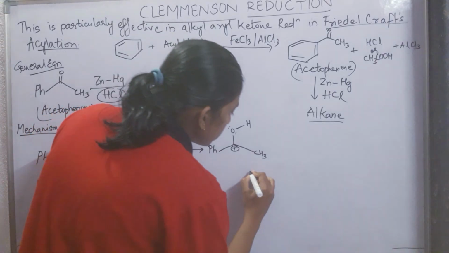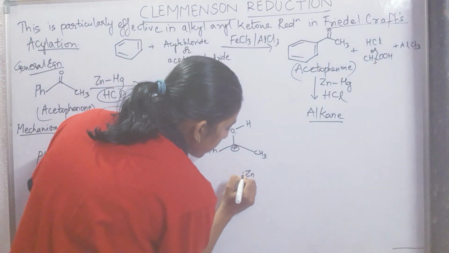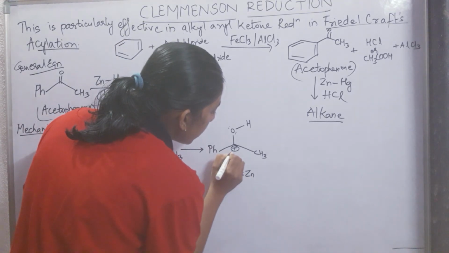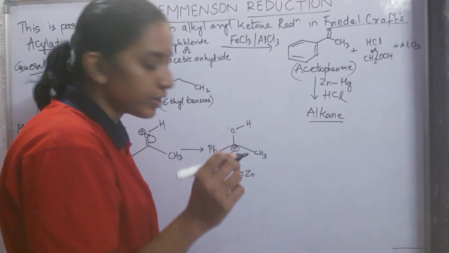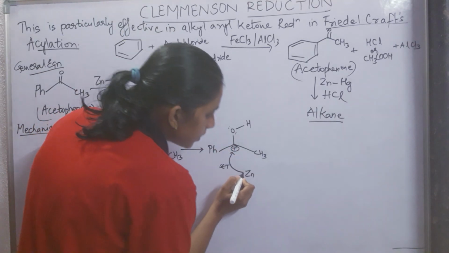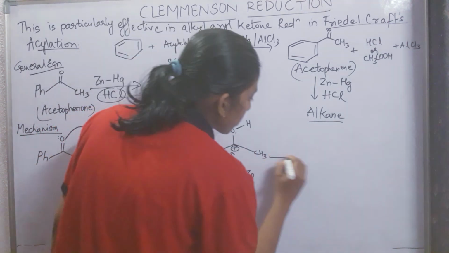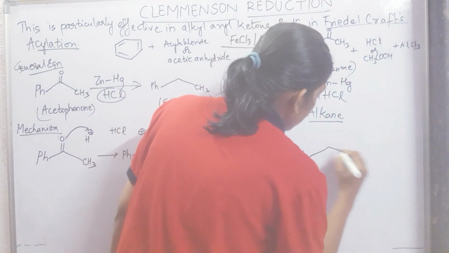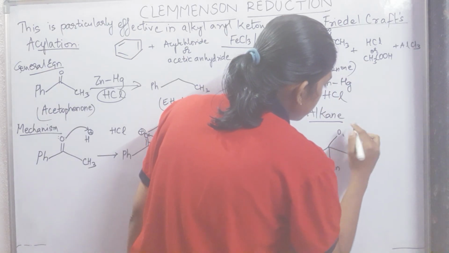Now what happens here? This compound will react with the zinc. And in this reaction especially, we will be seeing single electron transfer reactions, SET. So what happens here? Zinc will share one of its electrons with this carbon and will form a bond with the carbon, and zinc gets a positive charge.